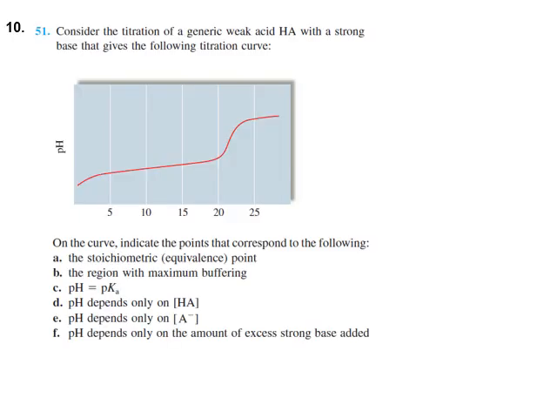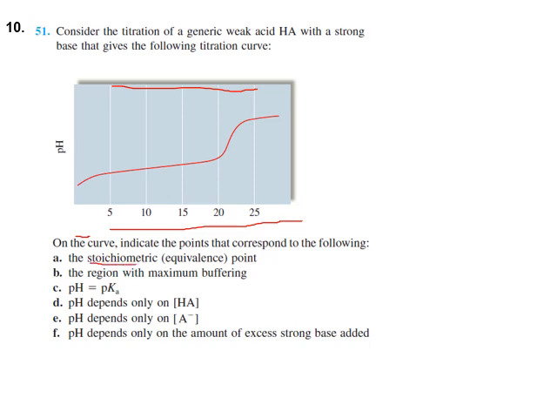Next slide. All right. Consider the titration of a generic weak acid with a strong base. It gives the following titration curve. Across the bottom, we're denoting the volume of the NaOH, a strong base, that we're adding. So on the curve, indicate the points that correspond to the following.